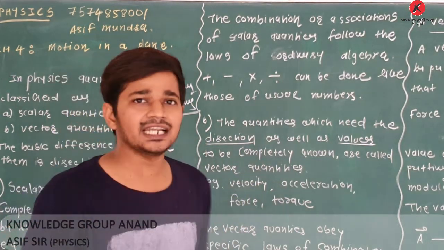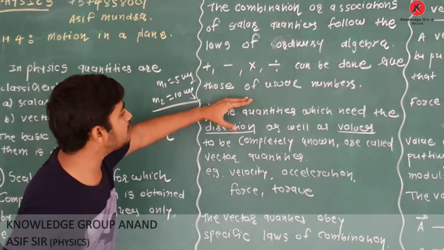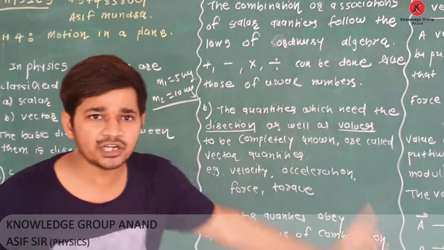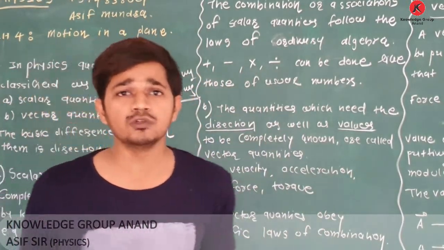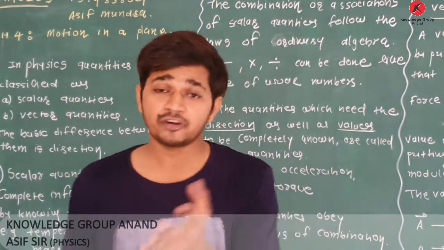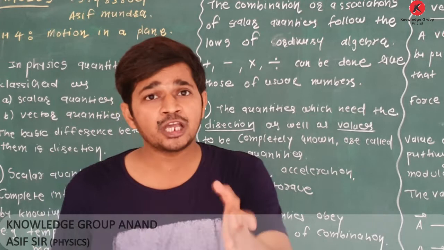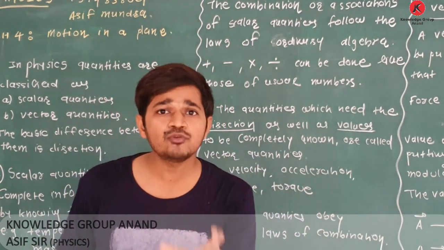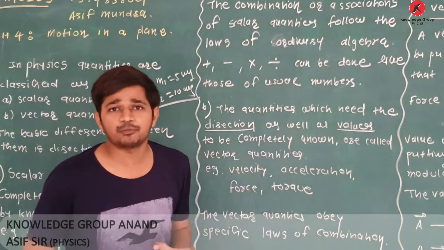Scalar quantities are added, subtracted, multiplied and divided by usual numbers, but for vector quantities, such rules are not obeyed. They have specific rules: vector addition by triangle method, law of parallelogram, scalar product or dot product. These processes are new that we will study in this chapter.